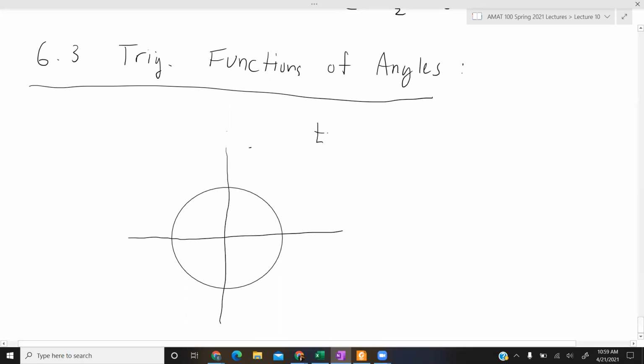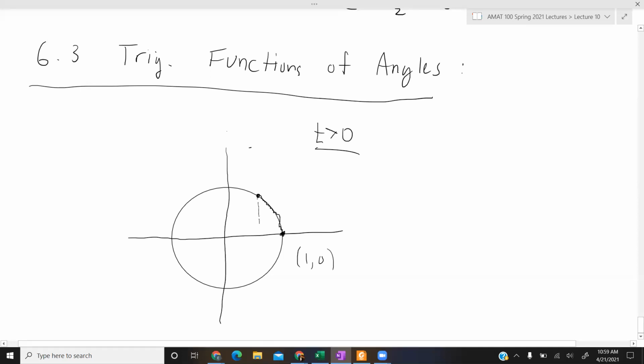So the idea was, we fixed a point, like the origin or a reference point of the circle, and I gave you some positive number t. That was basically a distance you would travel. If it's positive, you would travel counterclockwise along the circle, and maybe you land here.